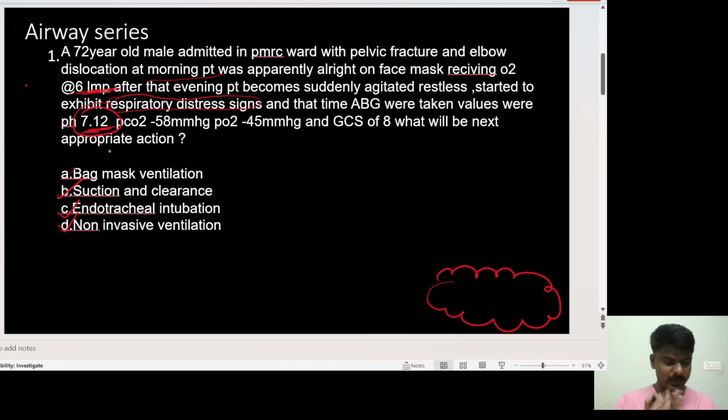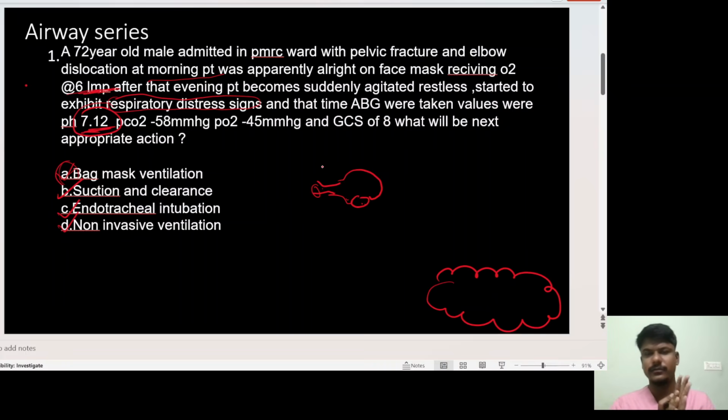If you go through the first choice, bag and mask ventilation, you're going to connect the ambu bag to the patient and try to ventilate the patient. Is that option right?